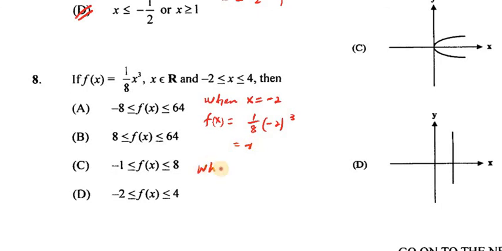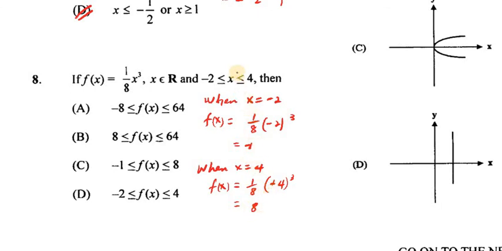And when x is equal to 4, f of x is equal to 1/8 by positive 4 cubed. 4 times 4, 16, 16 times 4, 64, 64 divided by 8 will give me 8.